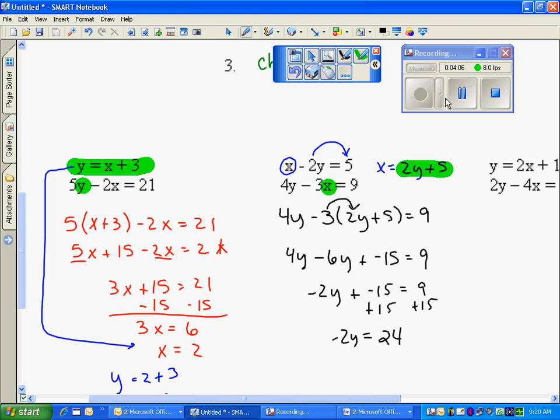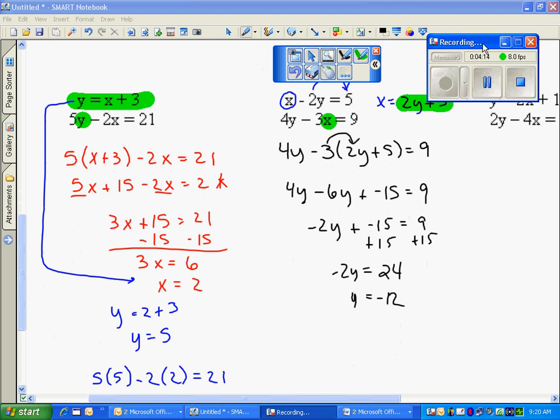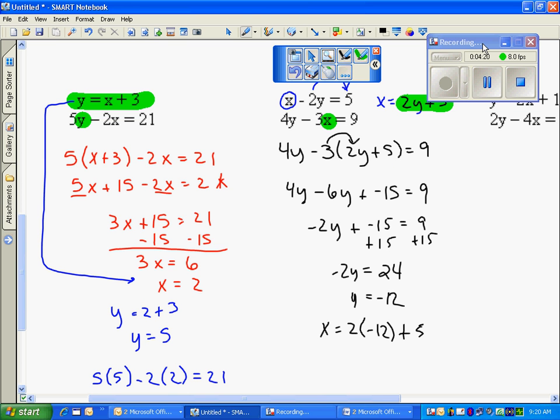Solving for y, I get y to be negative 12. Back substituting, I always go back to my x equation, and x is equal to 2 times my y value, and add to that 5, and I get negative 24 plus 5 would be negative 19.